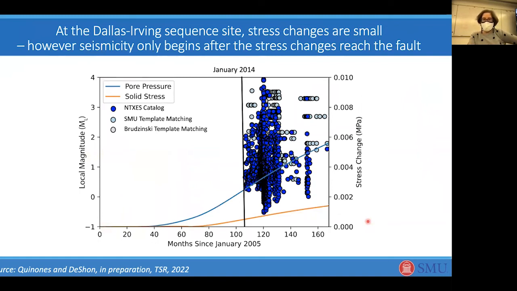Again, if you look at when earthquakes happened in the Irving, Dallas area, by the time the earthquakes happened, stress had changed in the basement, not by a lot, but in all of the models, not just ours, but also a pore pressure diffusion model that can do 3-dimensional permeability.